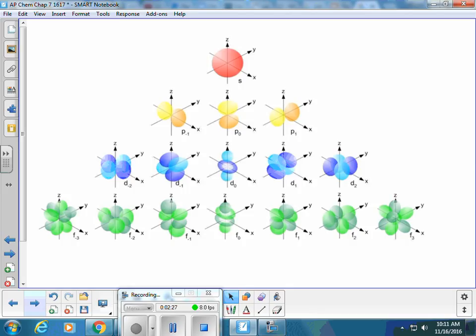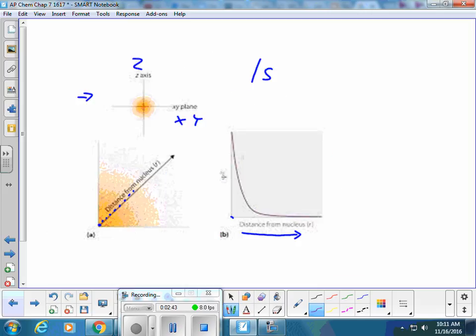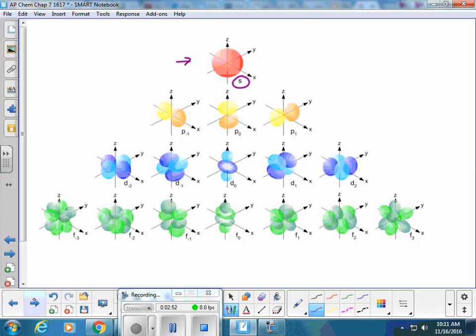If we look at the red object right here, that represents an s orbital. You'll notice that we have a similarity between that red object and this object right here. Similar probability distribution pattern. So we say that this representation here represents the 1s orbital.